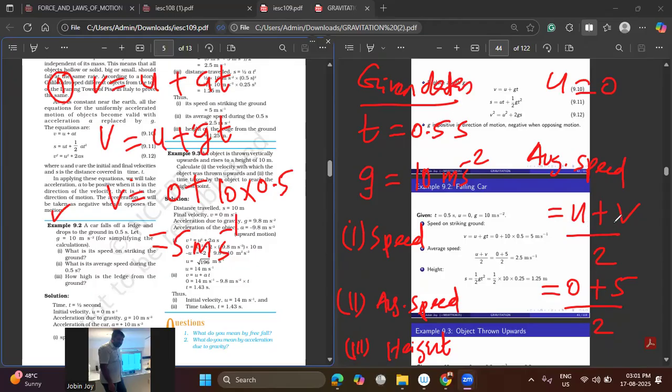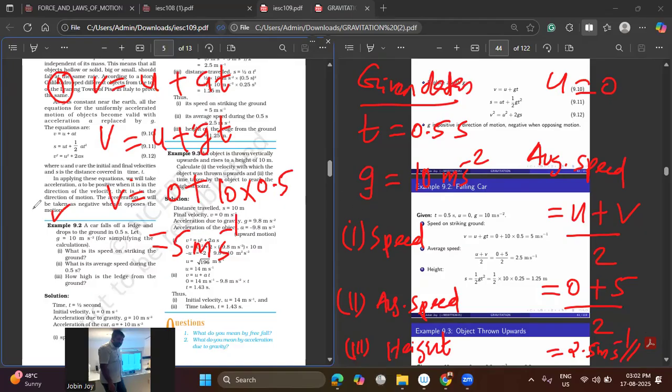If you have two numbers, how you will take the average: just add the two numbers and divide by 2. That will be the average, u plus v divided by 2. So the answer is 2.5 meter second raised to minus 1.